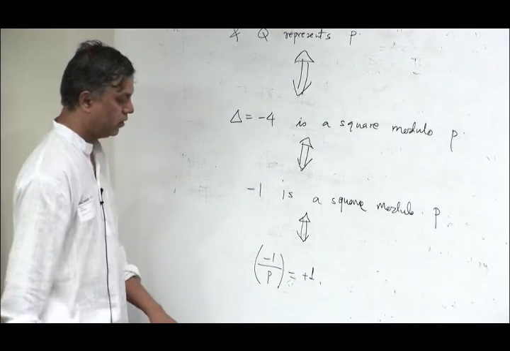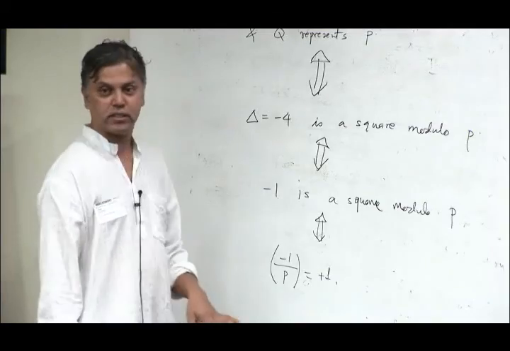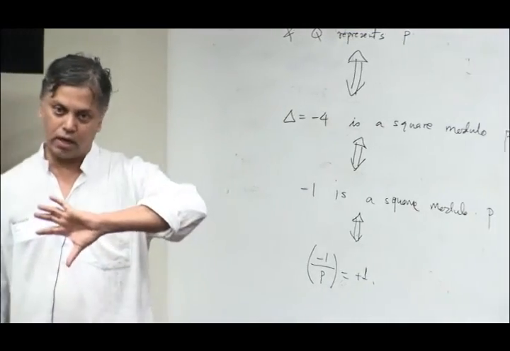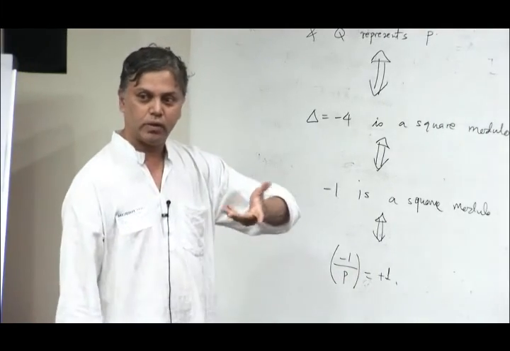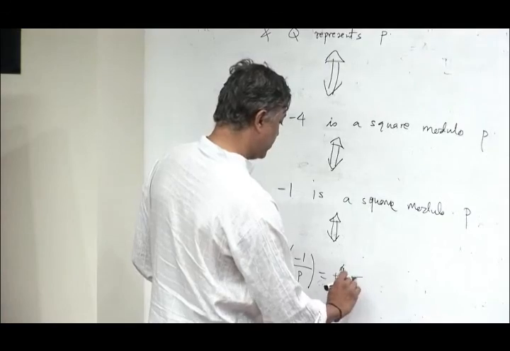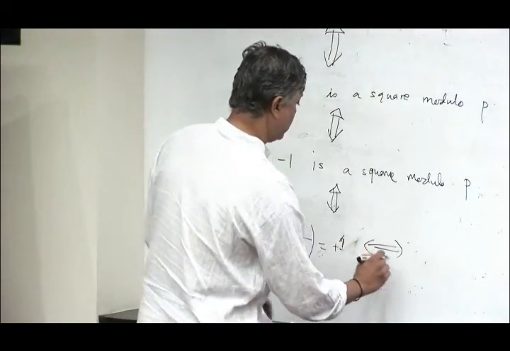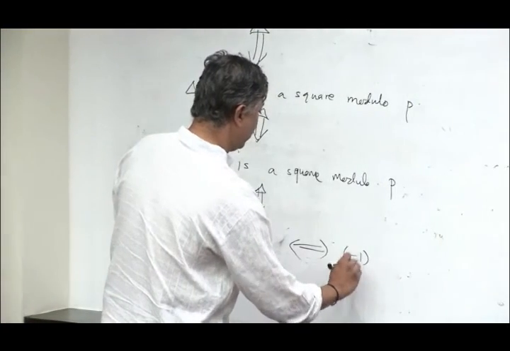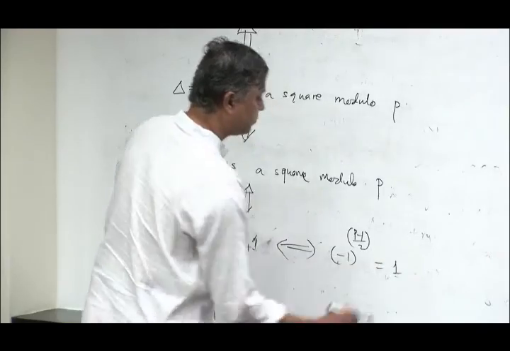That's what you want. Quadratic reciprocity turns this kind of equation the other way around. So the P is below, it turns it around, makes it above. In this case, it's much simpler, and this is the same as the condition minus 1 to the power (P minus 1)/2 equal to 1.